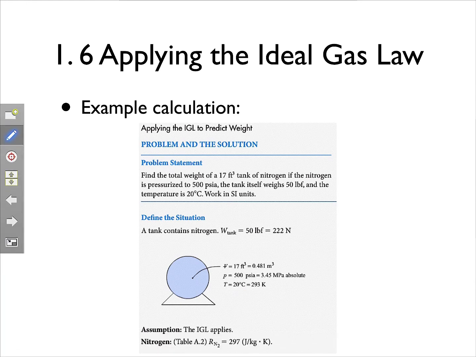These units actually equal 297 joules over kilogram Kelvin. The Kelvin is actually in the denominator. These brackets are not in the right places, so be careful of that. The bracket should be here, not where they are.